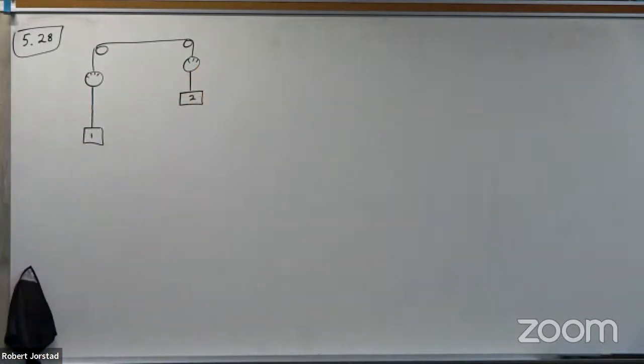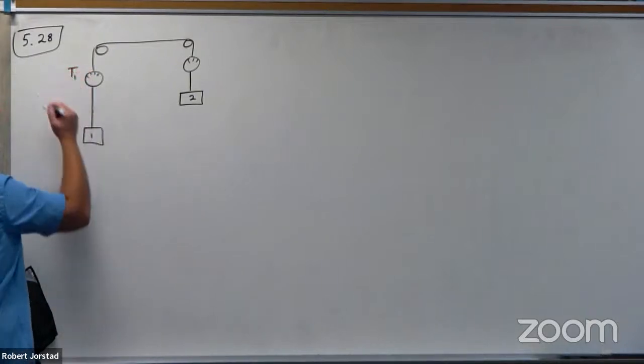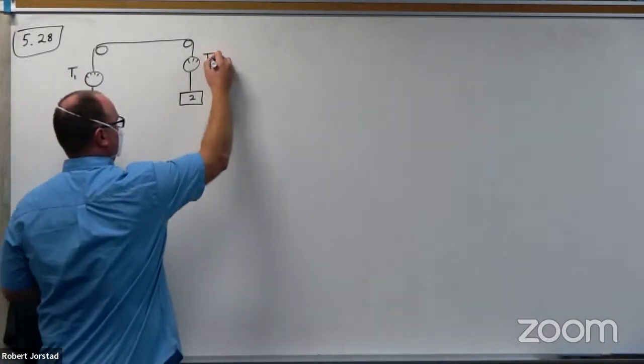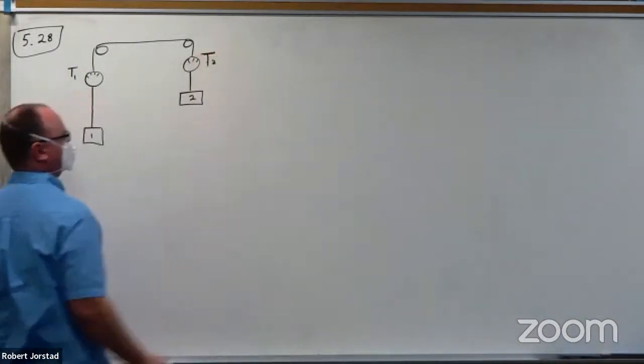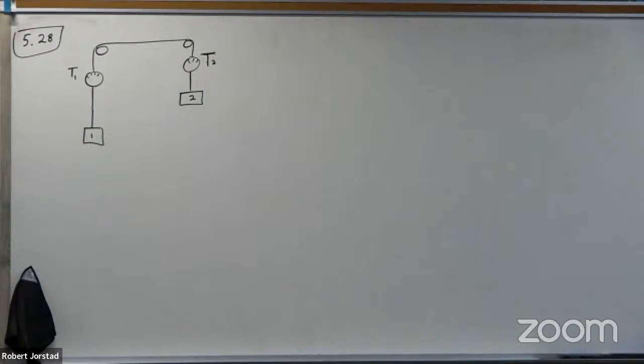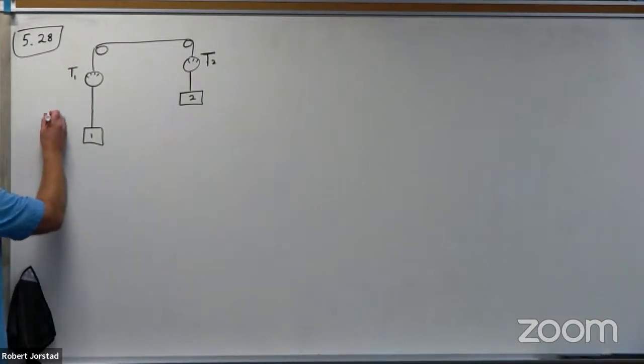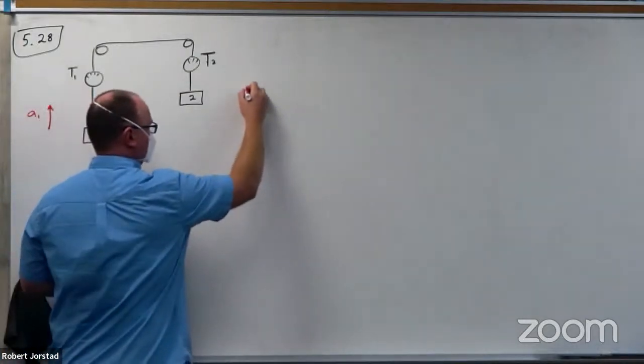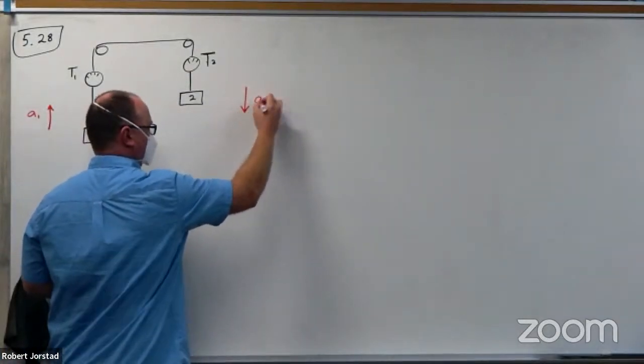There's a mass 2 here. And so this scale is reading tension 1. This scale is reading tension 2. And in this case, you agree this block we saw accelerated upwards. I'll call that a1. This block was accelerating downwards. I'll call that a2.